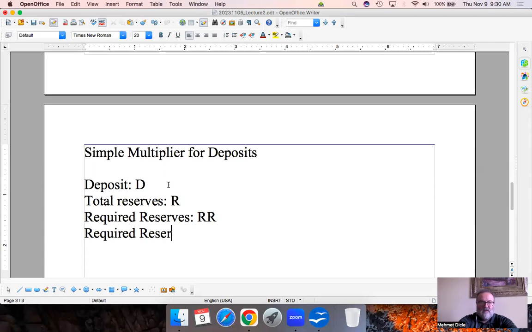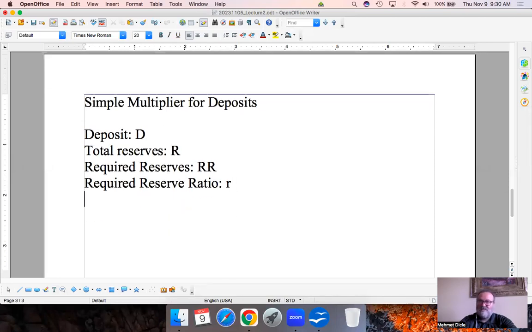And I don't want to use capital R, so let's use small r. And this also is very similar to the discussion provided by our textbook. And by the way, these deposits are the M1 and M2, the checkable deposits, right? So they are available upon demand.